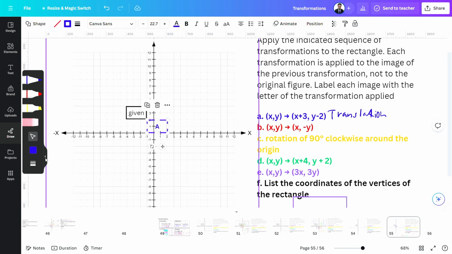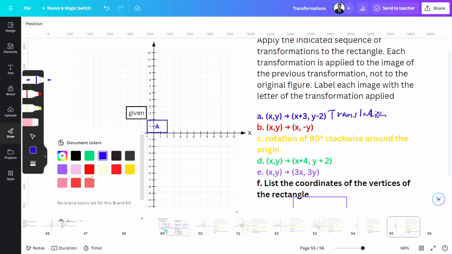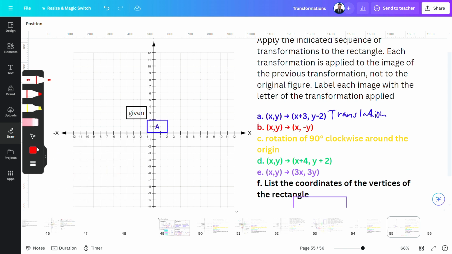Now let's do letter B. Take note that our letter B here is again another reflection. When we do reflection, it says here that the y will become negative. So if our y is negative, take note that our line of reflection would be the x-axis.